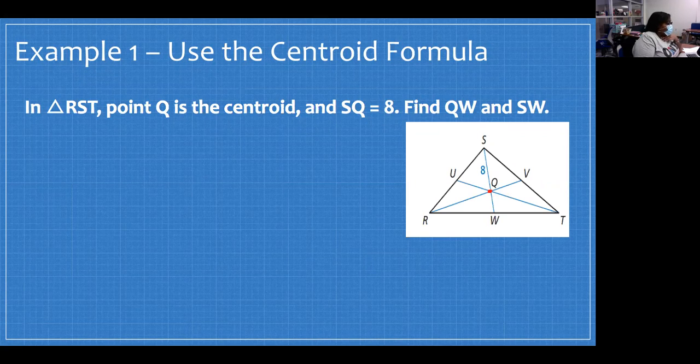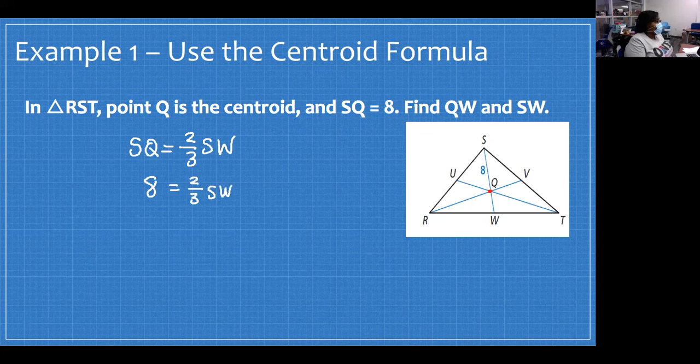SQ, because that's from the vertex to the centroid, is going to be 2/3 of the length of the entire median, which is SW. Okay? All right. So we know SQ already, we know it is 8. So 8 is 2/3 of SW. And then in order to solve this equation, we're going to multiply by the reciprocal.